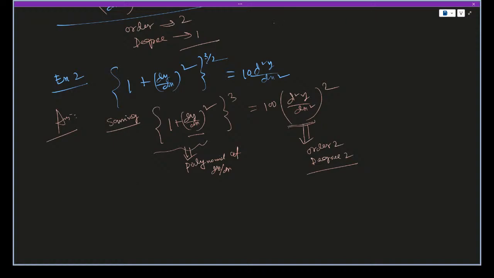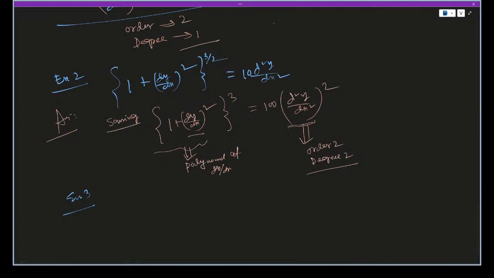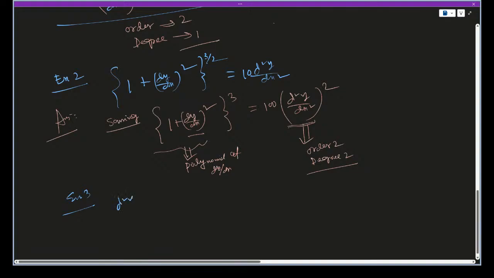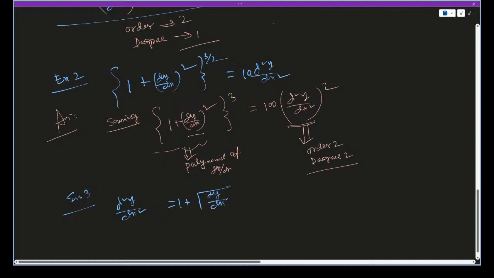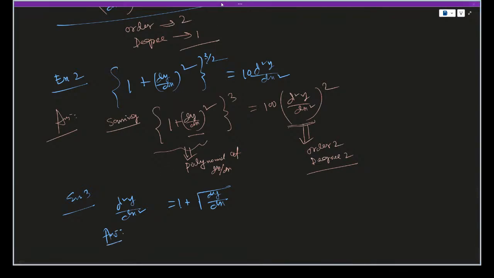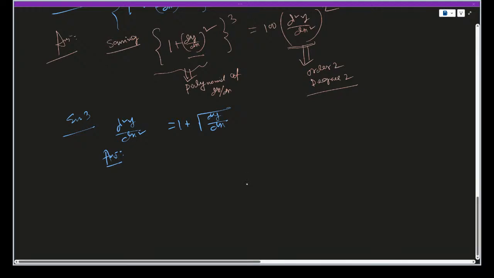I am going to discuss it with you today. Like example 3 I am stating here. Say it is d square y by dx square equals 1 plus under root dy by dx. What is the order and degree of this differential equation? You have to express it in the form of polynomial. Root is no way in the form of polynomial.